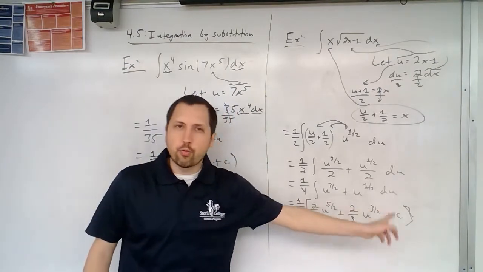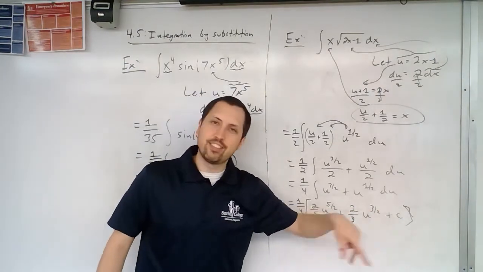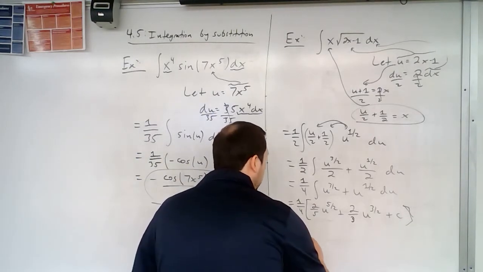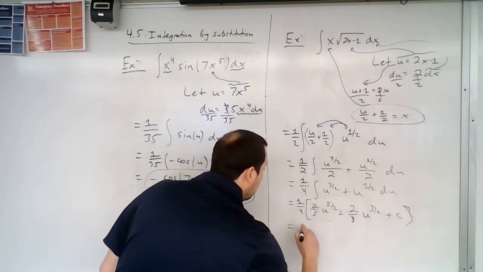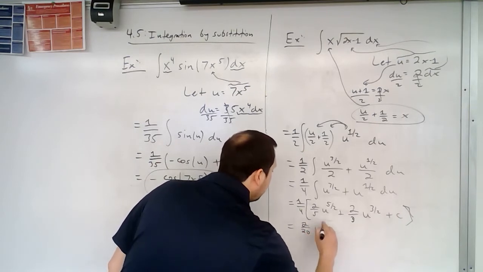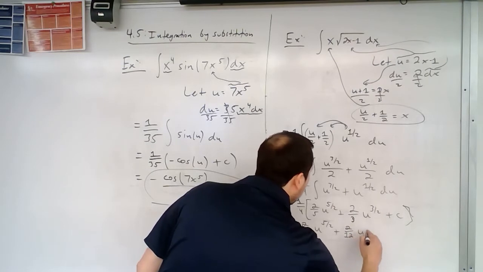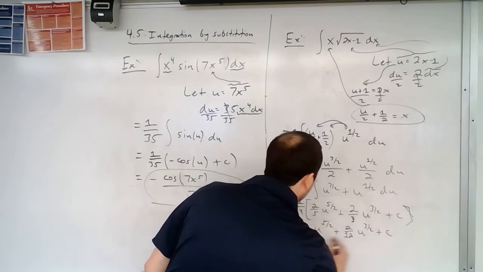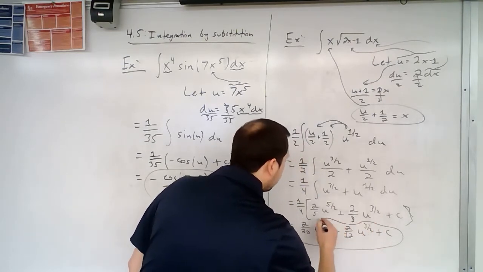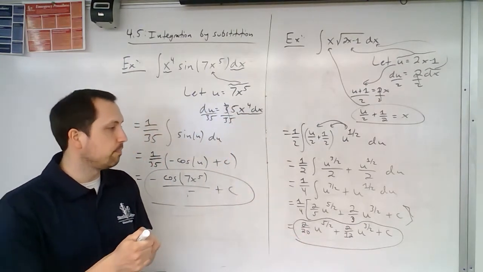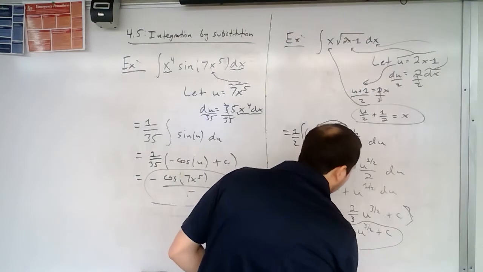Now I distribute my 1/4 to everybody. The constant just stays still, plus c. But now I get a 2 over 20 u to the 5/2 plus 2 over 12 u to the 3/2 plus c. And that's my answer. Obviously, you can simplify the fractions, but that's not that important. Actually, it is not quite my answer yet.